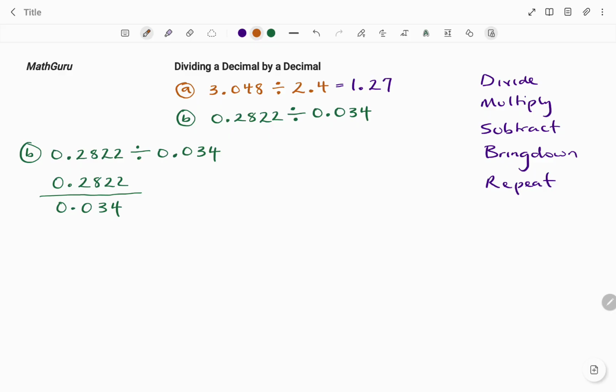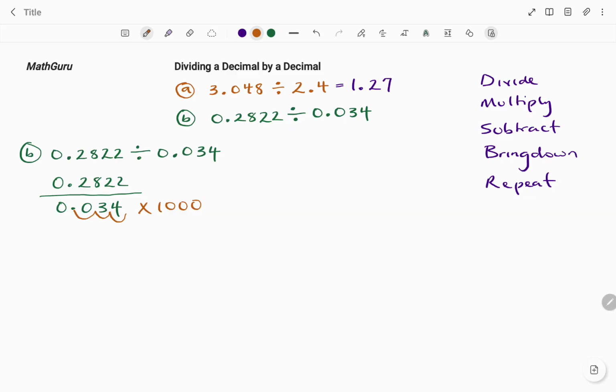For every digit moved, or for every space moved, that means I'm multiplying by 10. So to know by what value I'm going to multiply, I have 1, 2, and 3. Because I've shifted 3 spaces, what that means is I'm going to be multiplying my denominator by 1,000. 1,000 has 3 zeros.